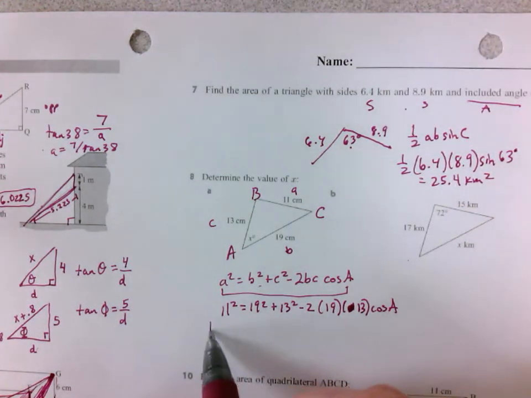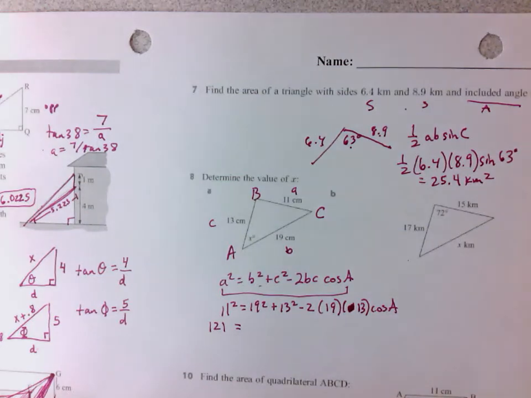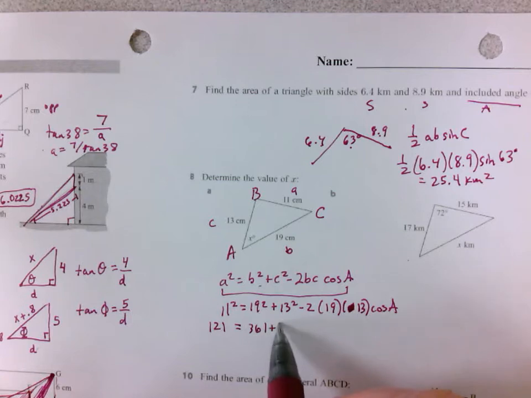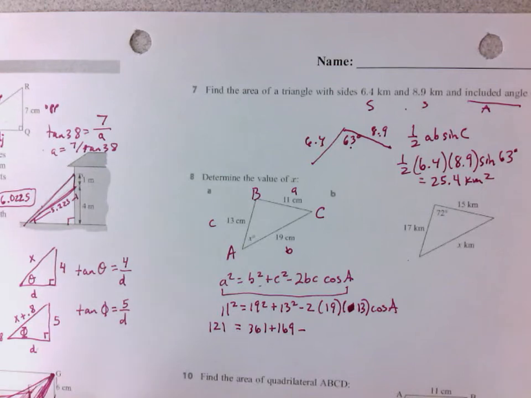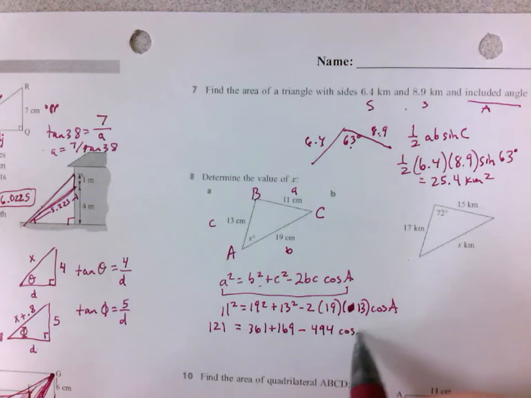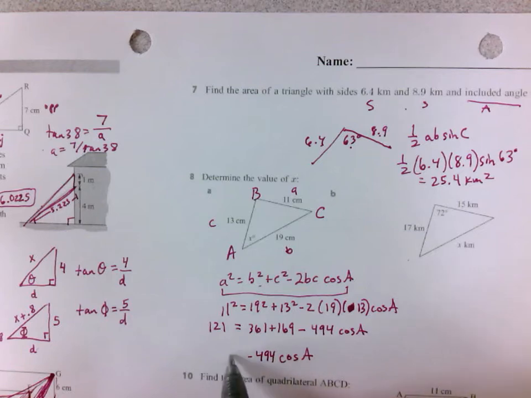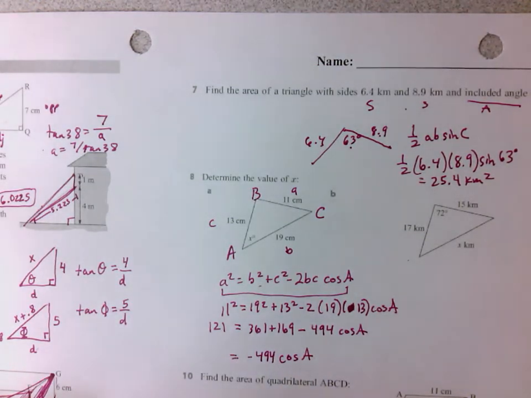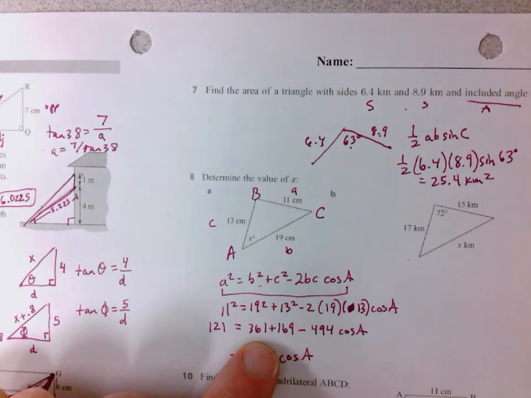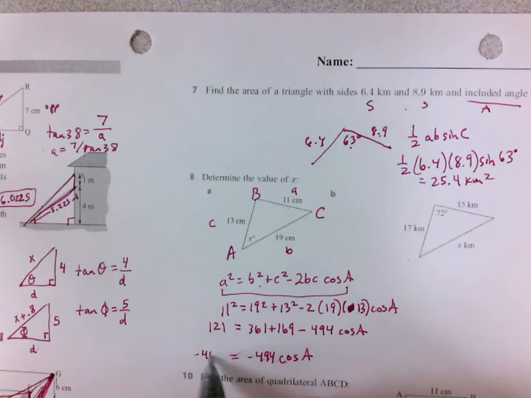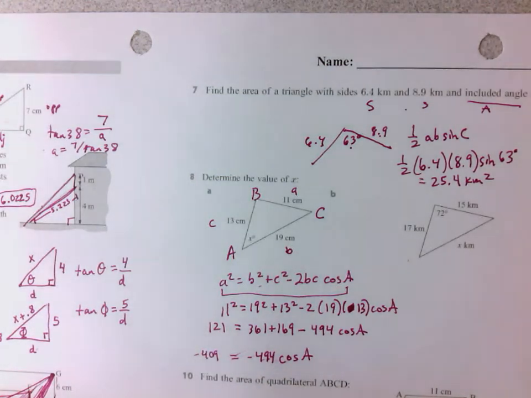So 121, 19 squared is 361, 169, 2 times 19 times 13 is 494. So 121 minus 361 minus 169 is negative 409, divided by 494.